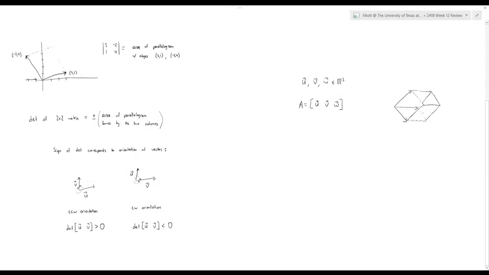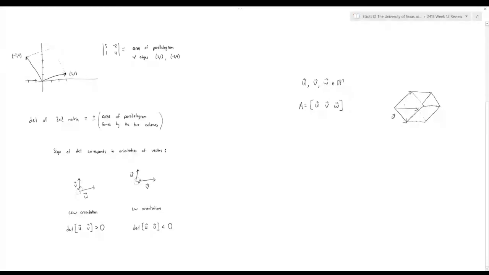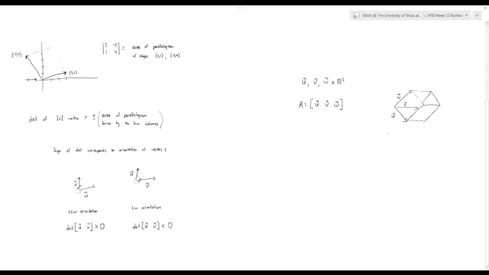Okay, that's pretty good. So let's say one of these vectors is u, the other is v, and the other is w.